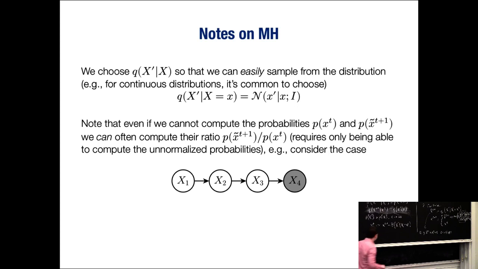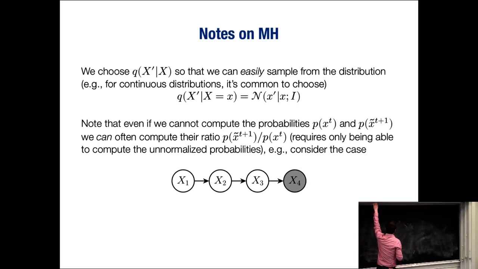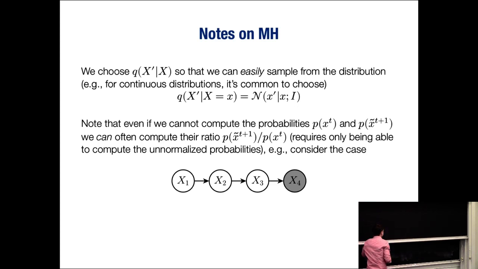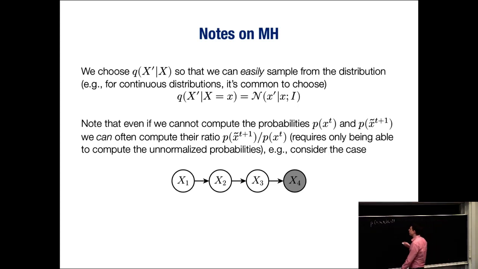Now, here's why that's the case. We don't really know what this distribution over X1, X2, X3 given X4 equals something is, because, and I should change slides here. So if I have X4 equals 1, say, then I can expand the probability of X1, X2, X3 given X4 equals 1 according to the normal rule.